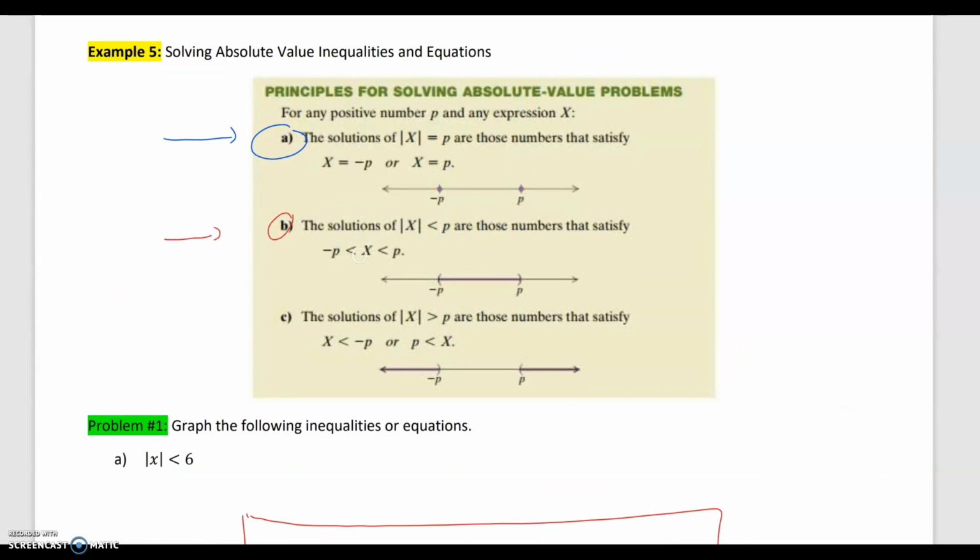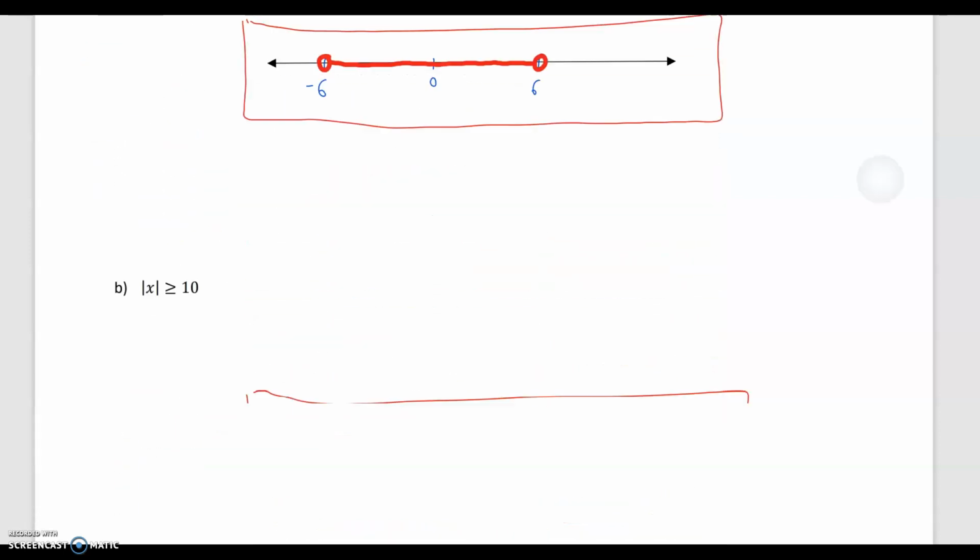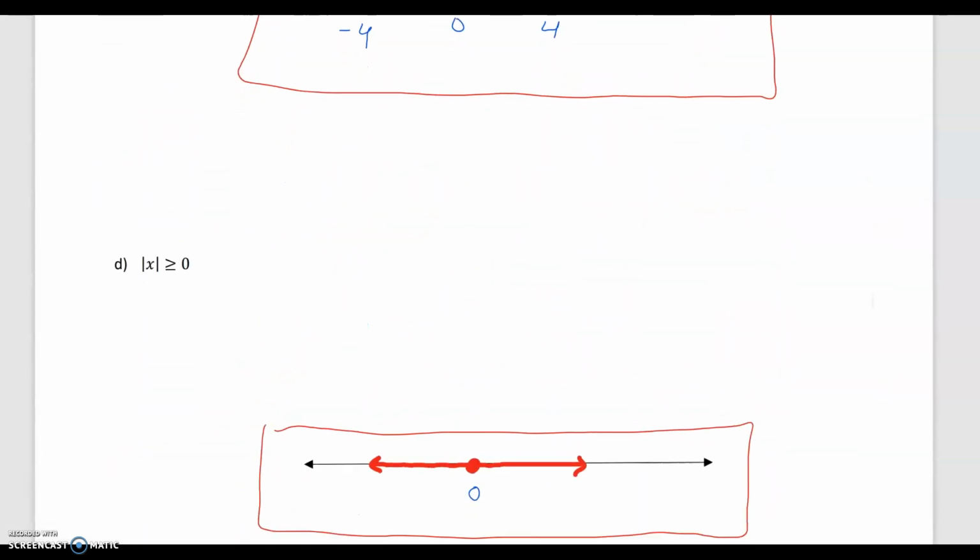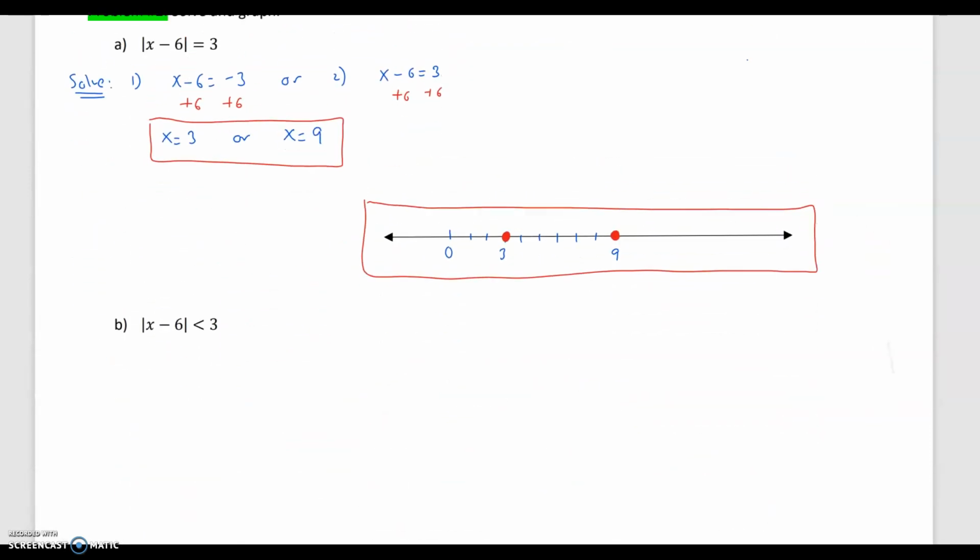If you have a less than, the unknown is in the middle, and then you're solving the compound inequality that is stated as less than P and greater than negative P. They're using P's. So for this one, we would simply solve.